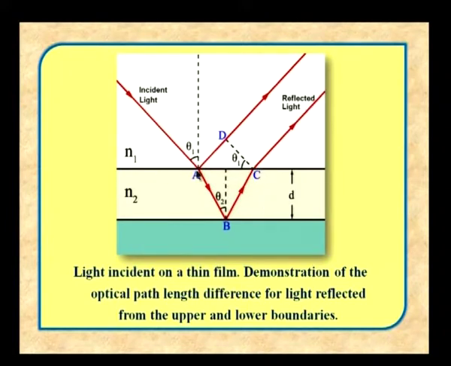Light is incident on the top surface of the film and reflected in this direction. Part of the light will be transmitted, undergo refraction, be incident on the bottom surface of the film, and again be reflected and go in this direction. Now, what is the extra distance travelled by this light beam? You have one reflected light beam and another reflected light beam.